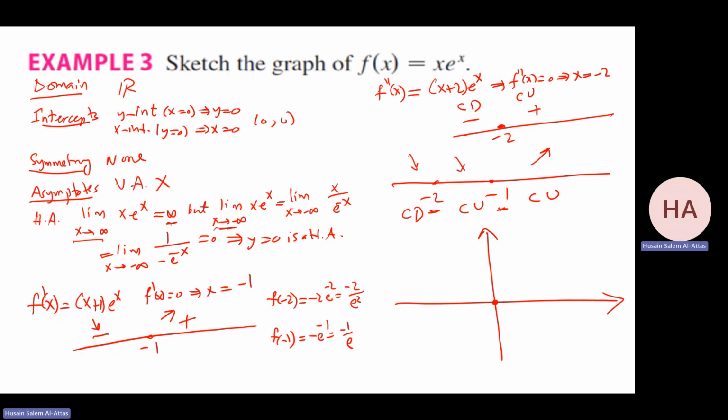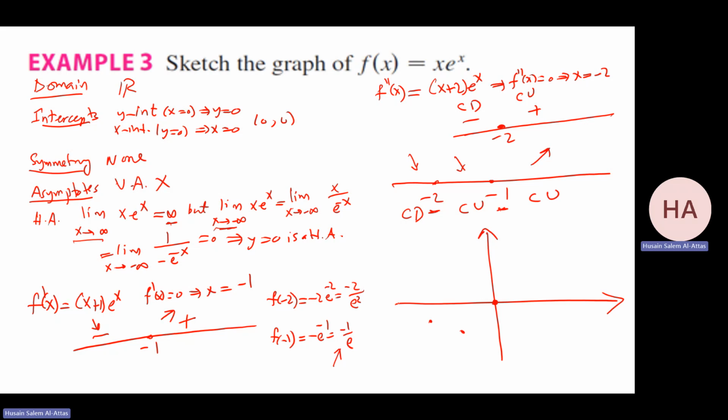Minus 1 over e will be bigger than minus 2 over e squared. They are negative values, but e squared is greater than e by 2. Okay. That will be minus 2, and this is minus 1 over e.